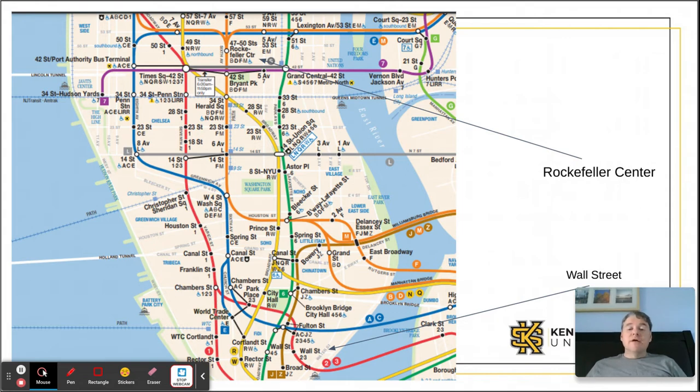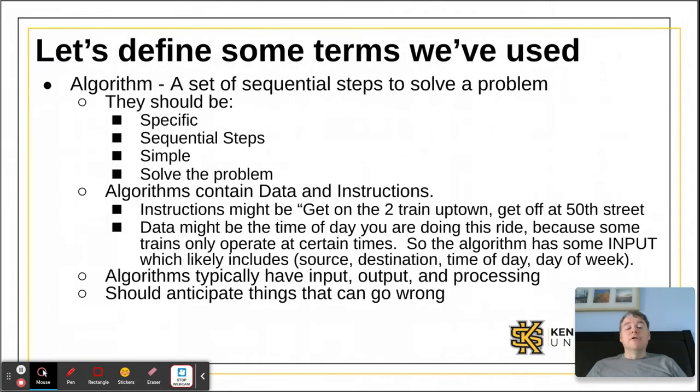And so, as a programmer, as a person who writes algorithms, as a problem solver, a part of your job is to think through everything that could possibly go wrong. Let's take a different example. If you're writing a computer game, and there's a character in the game who can walk around in a world, when they walk into a wall, what's supposed to happen? Well, a developer had to think through that.